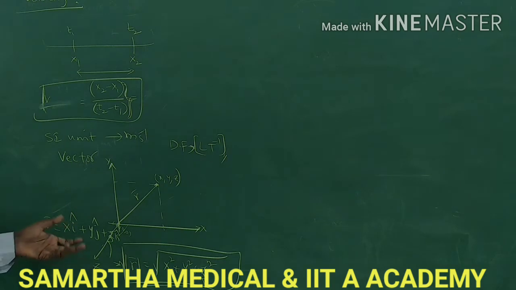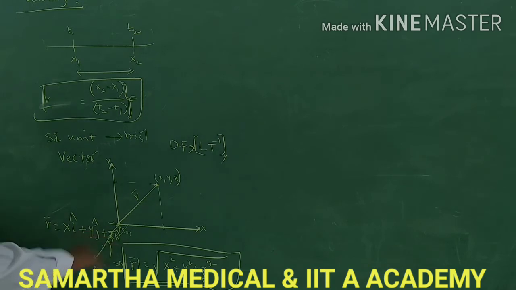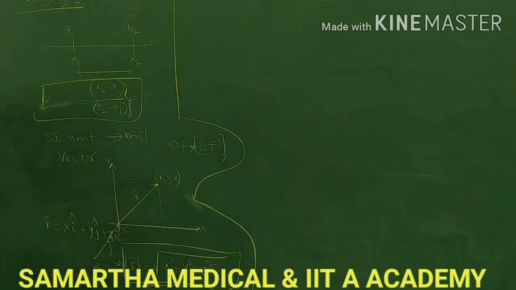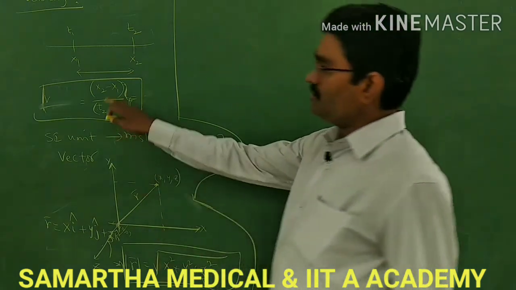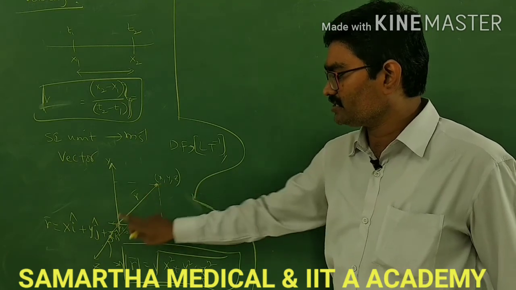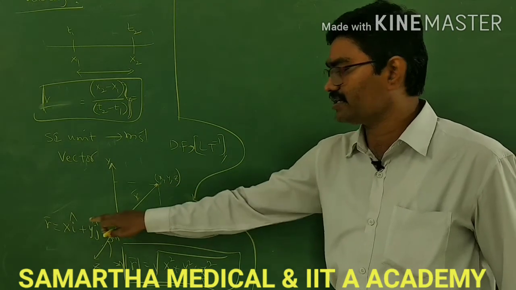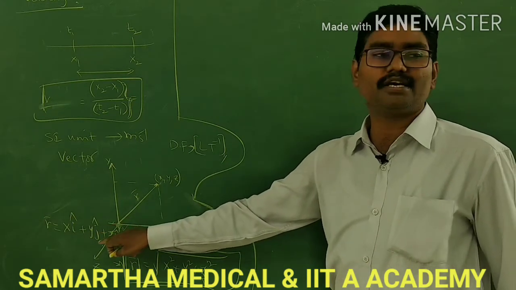Now, why I told you this is that we will see it in vectors, and while calculating velocity you will come to know. Next one, after velocity, uniform velocity. What is this? The position vector. Initially from here to here it is changing, so the change in position is represented with r bar. So r bar is x minus 0 into i cap plus y minus 0 into j cap plus z minus 0 into k cap, which gives x i cap plus y j cap plus z k cap.